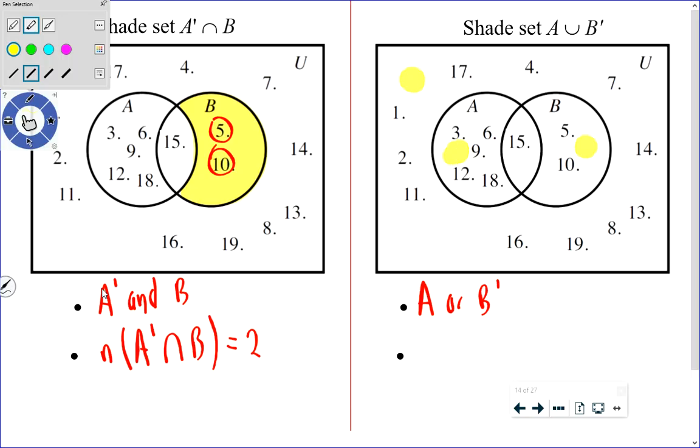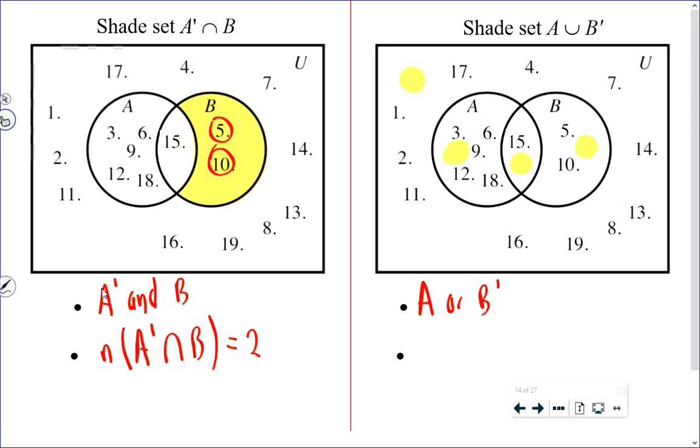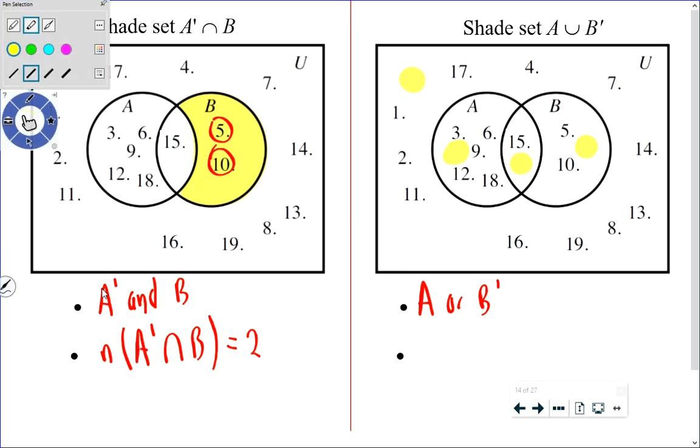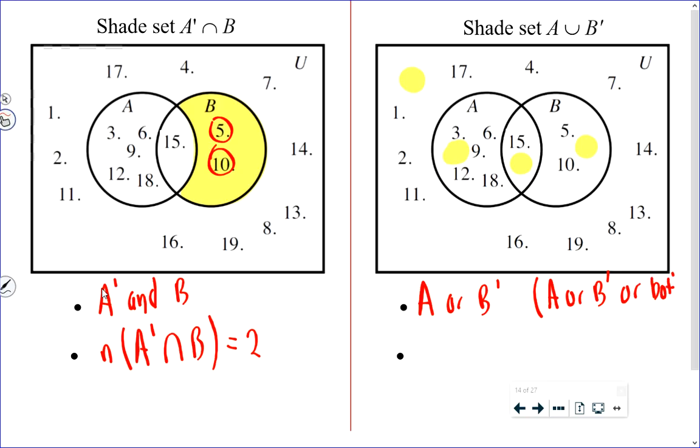There is a piece that is anything in this region, and there is a piece that is here. Now, what does A or not B mean? It means A or not B or both. Meaning, if something is A, it's in the set. If something is not B, it's in the set. If something is A and not B, it's in the set.